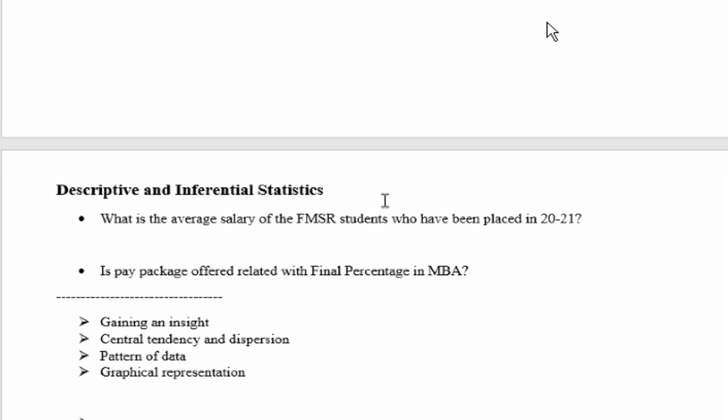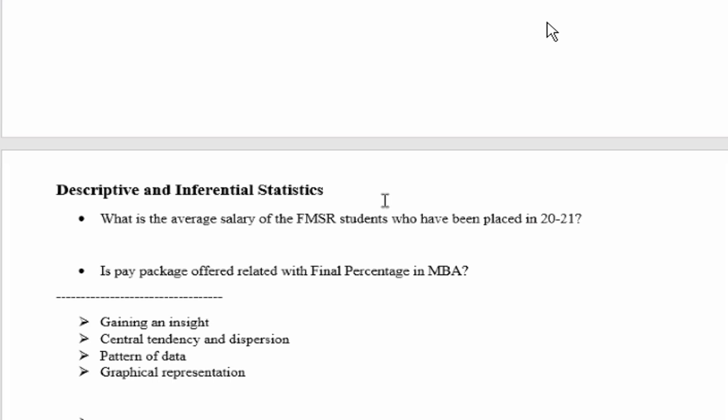What is the distribution of the places they are working? How many out of say 200 are working in corporate, how many have started their own business, how many are working in public sector, how many in private sector, how many are in academics, and how many are in different fields.